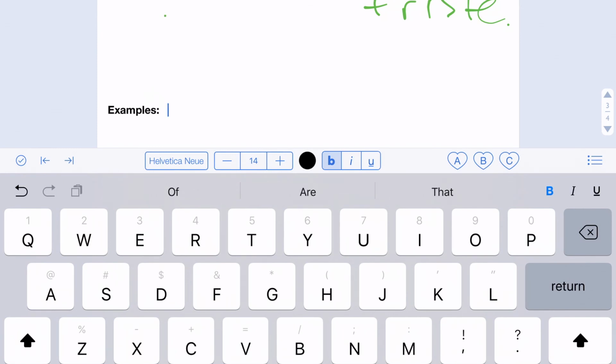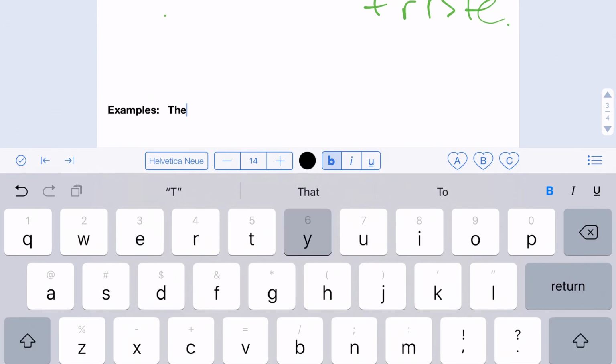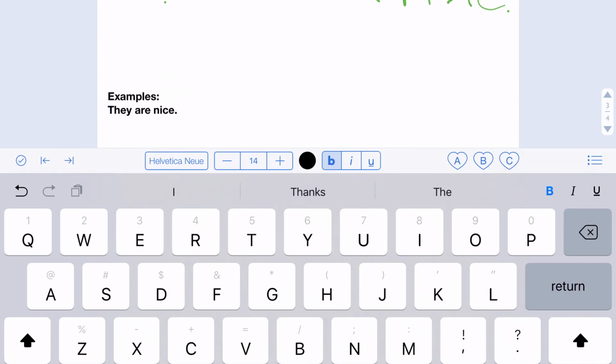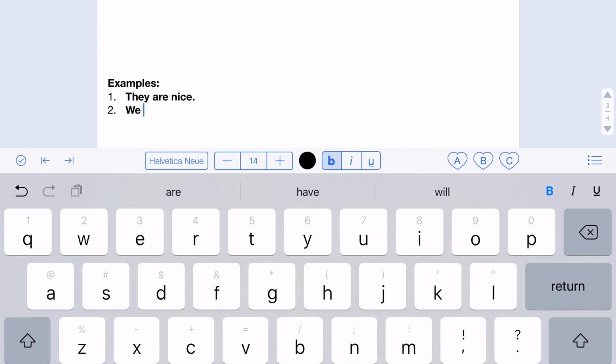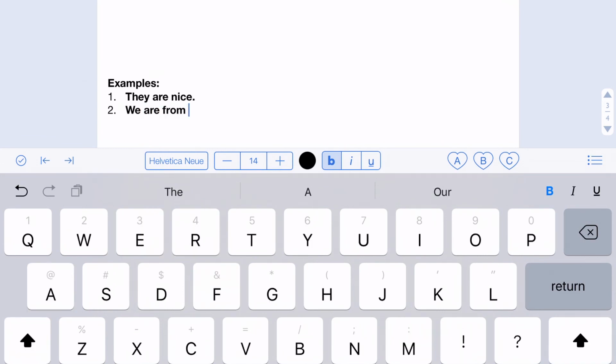So maybe you want to say they are nice for number 1. For number 2, we are from Cuba.